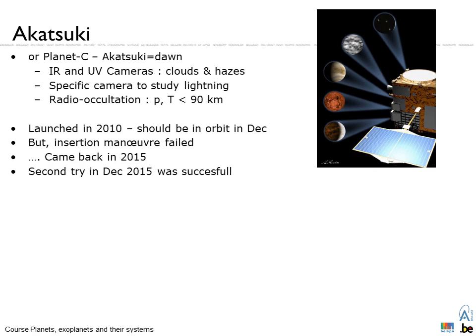However, a technical problem prevented this, and 5 years later the insertion maneuver was tried again, and this time successful. Since then, Akatsuki has made impressive observations of the cloud structure from the IR and UV cameras on board the spacecraft.